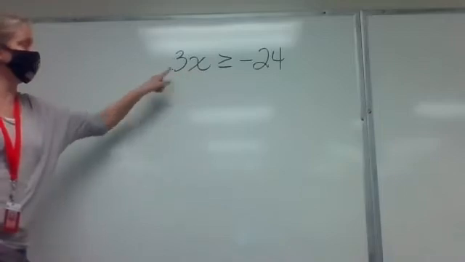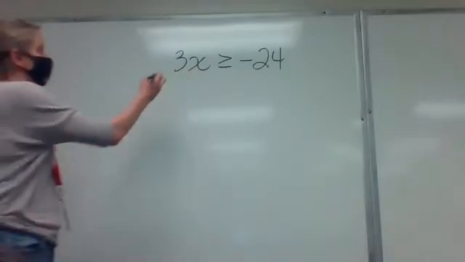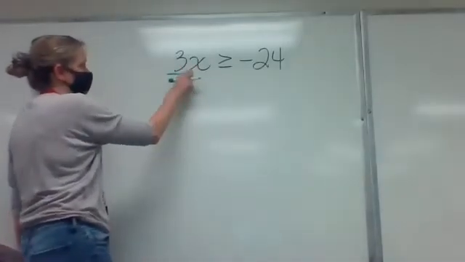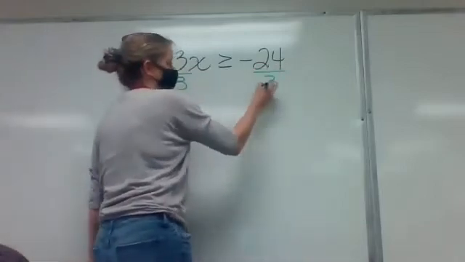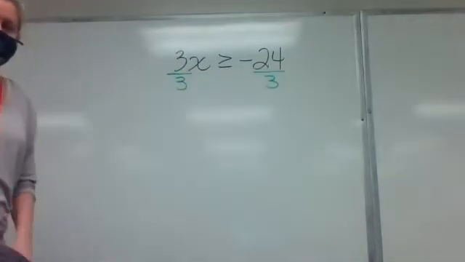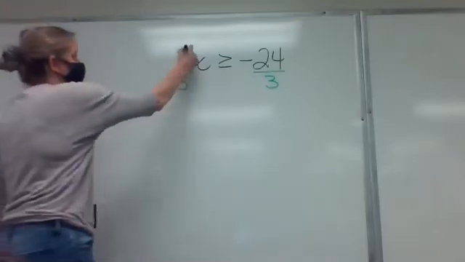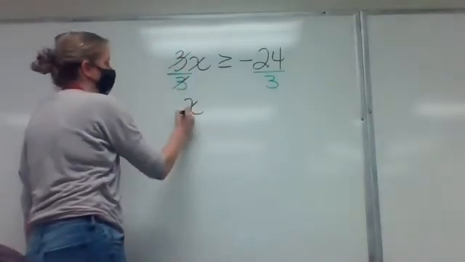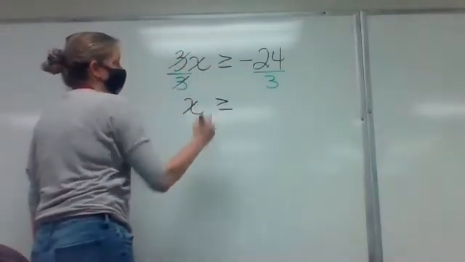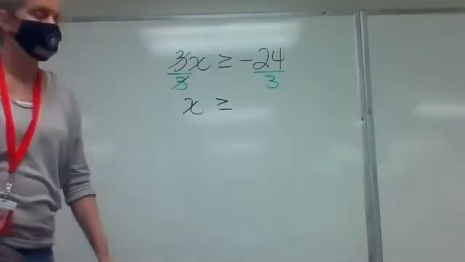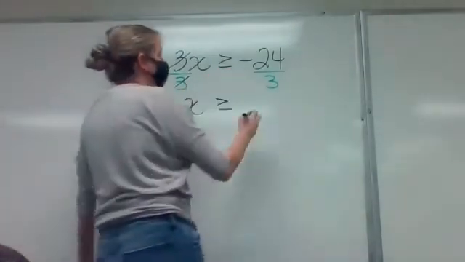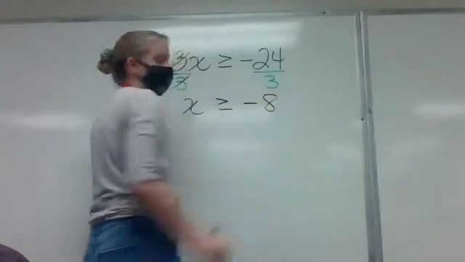Since I do have a hooked on number, I'm going to get rid of that 3 by dividing, because it's hooked on both sides. So the 3's cancel. There's your x. There's your greater than or equal to. Negative 24 divided by 3 gives me negative 8.